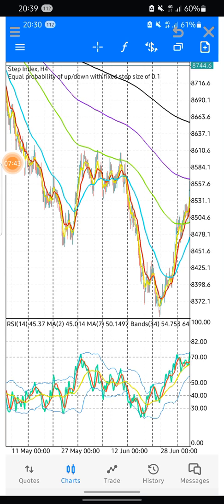For example, this one here, you can clearly see this is the movement that price makes going outside the Bollinger Bands and returning into the Bollinger Bands. That movement is what we refer to as the TDI shark fin.